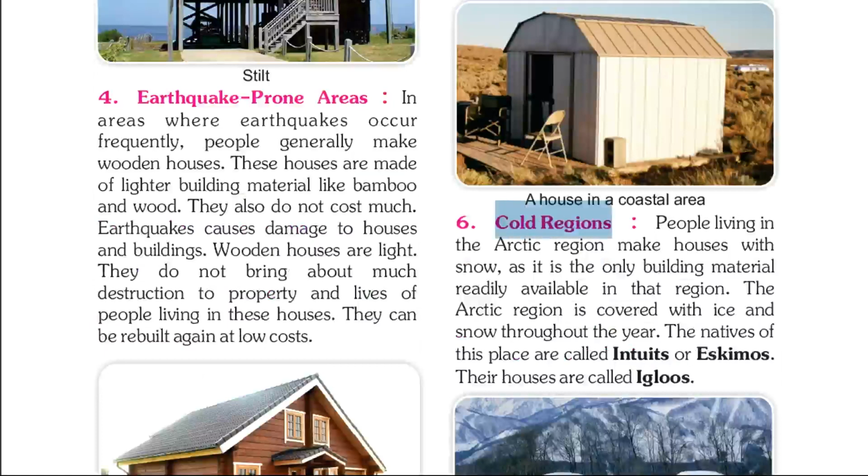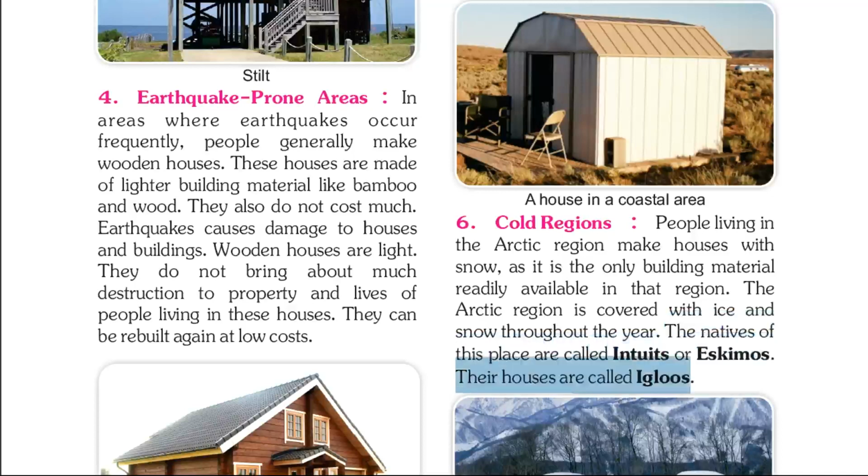Cold regions. People living in the Arctic region make houses with snow, as it is the only building material readily available in that region. The Arctic region is covered with ice and snow throughout the year. The natives of this place are called Inuits or Eskimos.